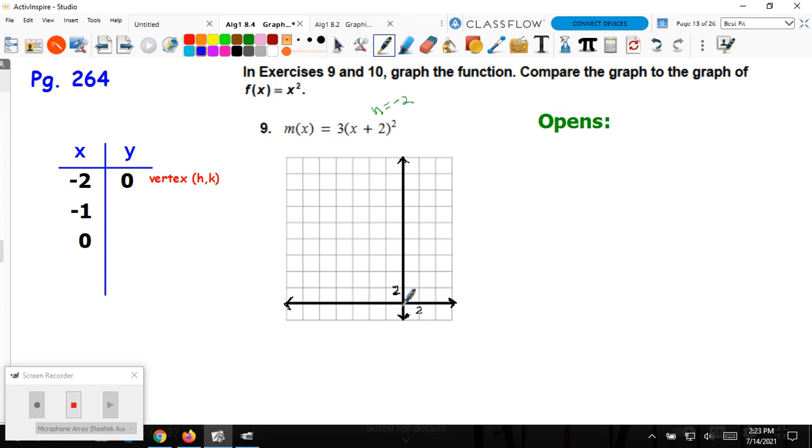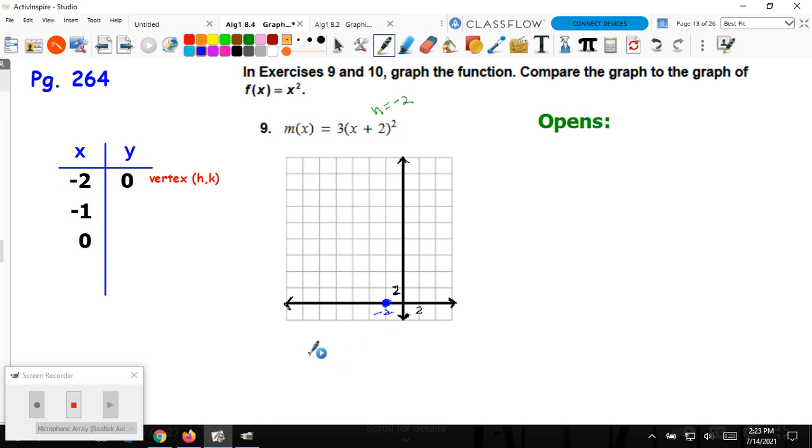We can plot that on our coordinate plane here. So negative 2, this is going to go by 2. So every box is 2, 2, 4, and 6. So negative 2 and 0 is going to be right here. That's where negative 2 is on the x. So at this point, we can go 1 unit to the right and plug in negative 1 inside here. We can plug it in, do negative 1 plus 2.